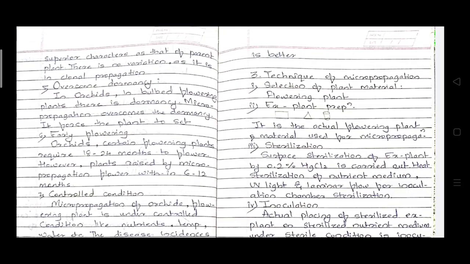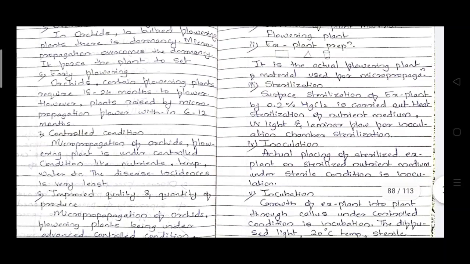Due to this micropropagation, the normal period of the plant will be decreased, and flowering will be earlier than 18 to 20 months. Then the next advantage is controlled conditions. That's why orchid plants will be grown under controlled conditions like nutrient, temperature, water, etc. This micropropagation will be helpful to improve the quality and quantity of produce. That's why commercially it will be helpful.